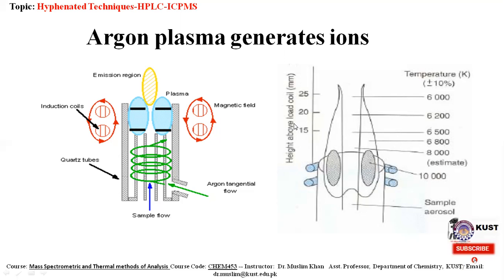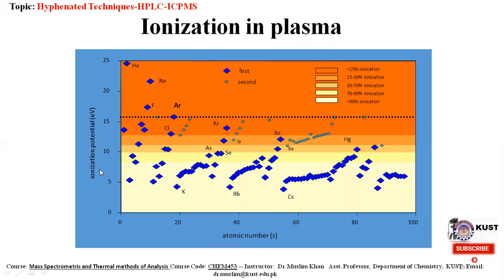The energy available in argon plasma is around 15.8 electron volt, which is extremely high, high enough to ionize most of the elements in the periodic table, with atomic numbers from 1 to 100, such as arsenic, selenium, chlorine, etc. All these elements, except a few like fluorine, argon and neon, have an ionization potential below the maximum energy of the plasma, about 15 electron volt.